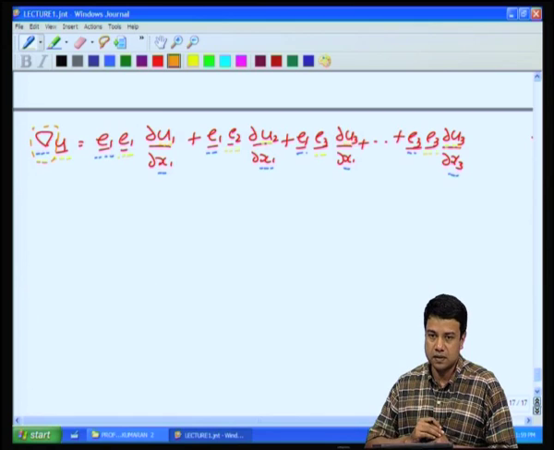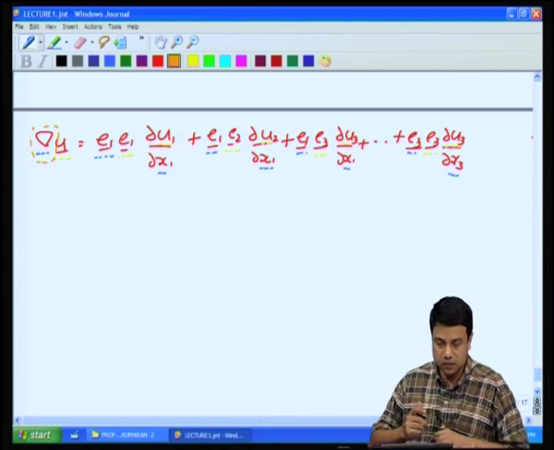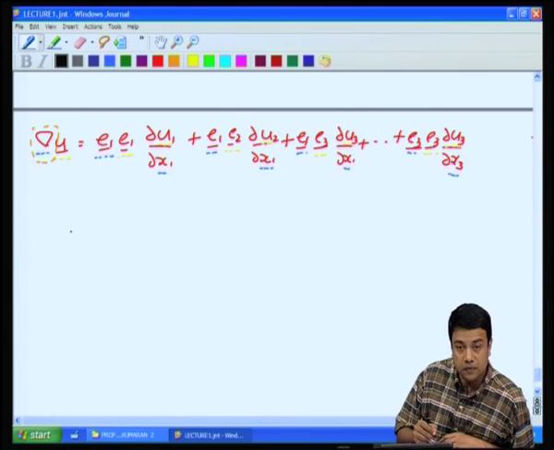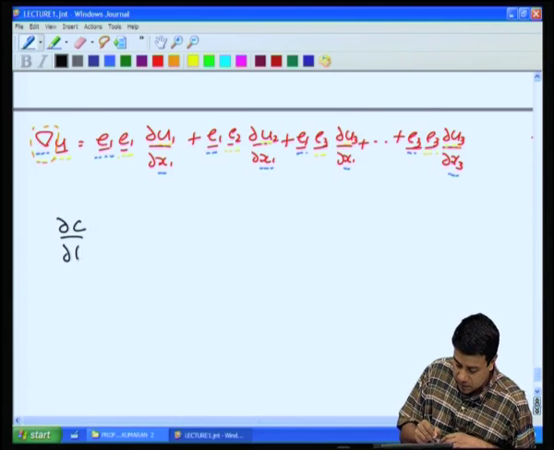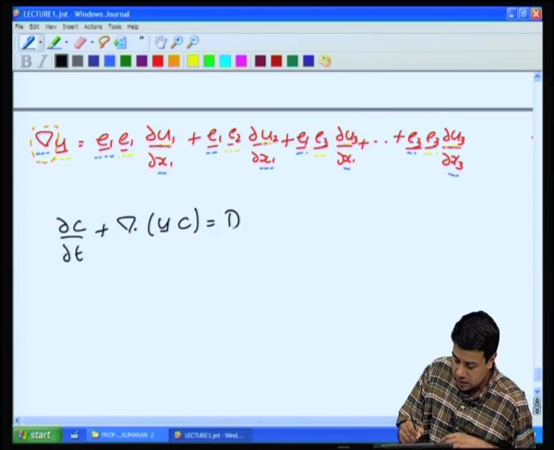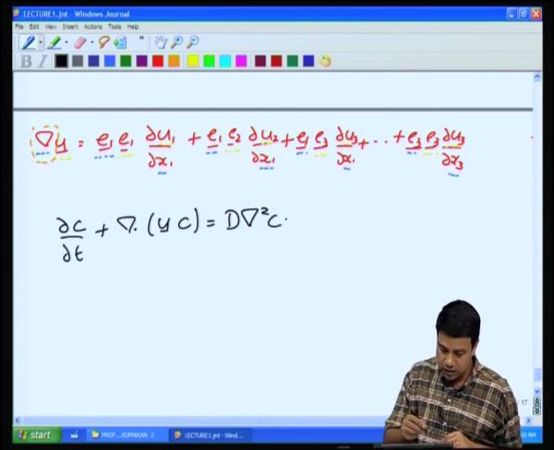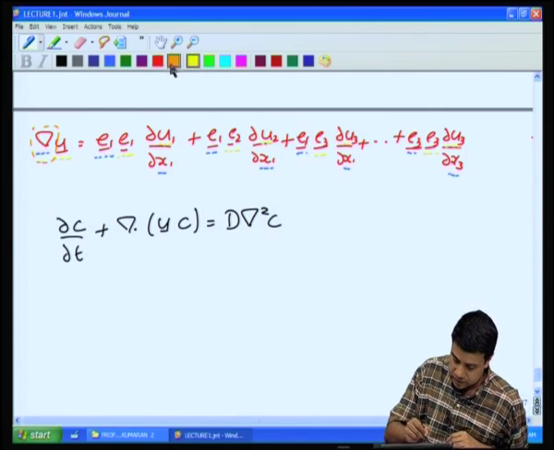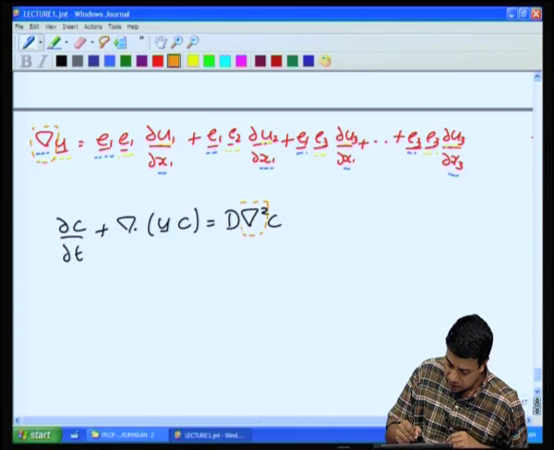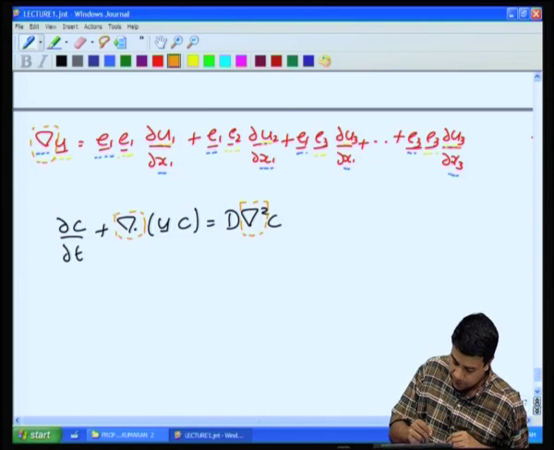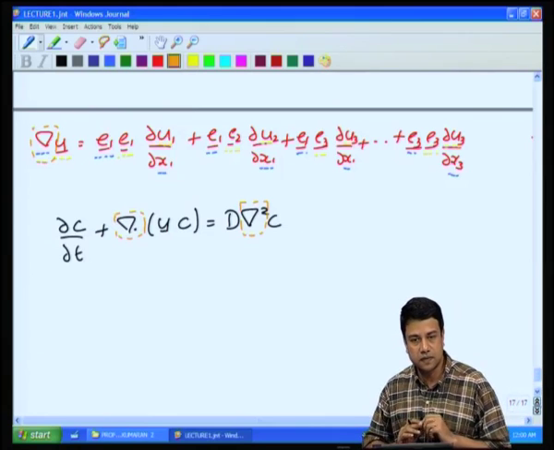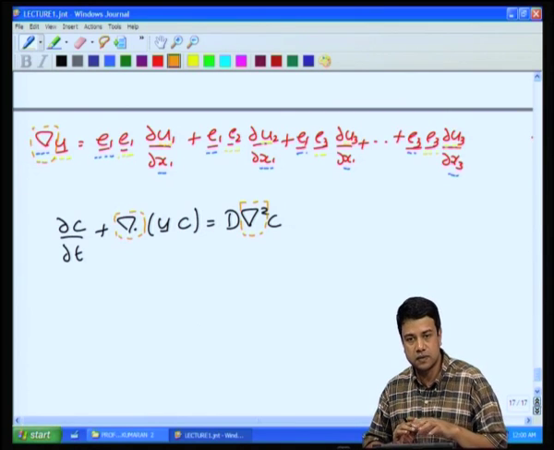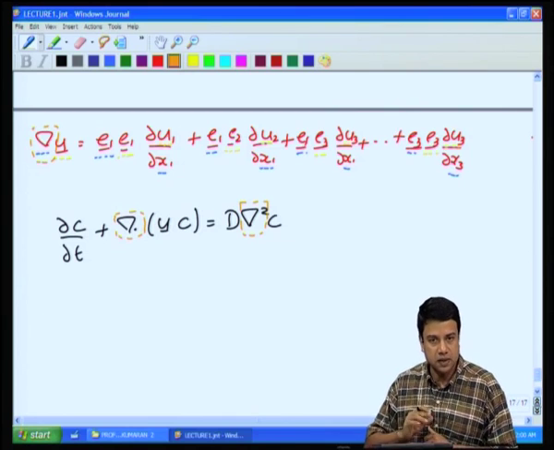We already did that in part 1, where we wrote down, for example, for the concentration field, an equation as partial C by partial t plus divergence of u c is equal to D del square C. These are all vector derivatives even though we actually calculated them in terms of their components. In this course, we will be calculating them as vector derivatives themselves without any reference to the underlying components.